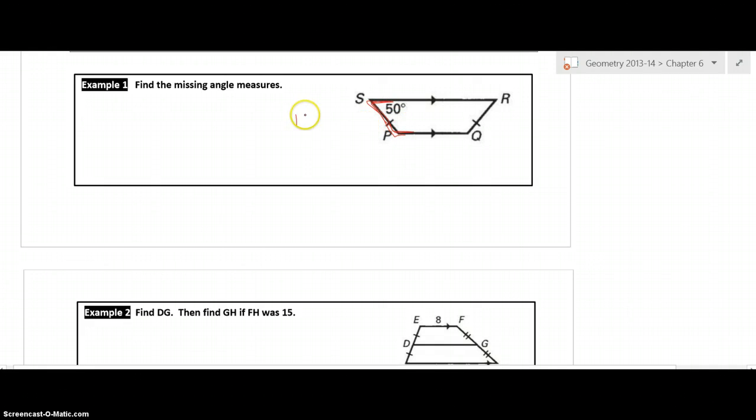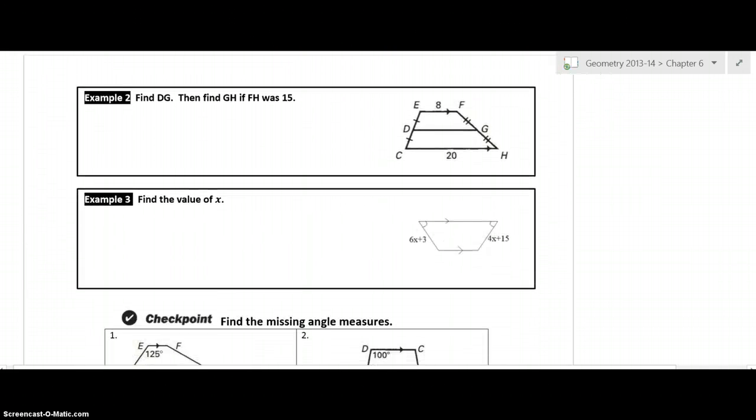So if we take 180 and we subtract 50, we have 130 degrees remaining for angle P. And then if we look at R and Q, because it is isosceles, we know that the base angles are congruent. So if this is 50, this is also 50. And if angle P is 130, angle Q is also 130. If you checked, all four angles total 360 degrees because it is a quadrilateral, so it does still fit that rule.